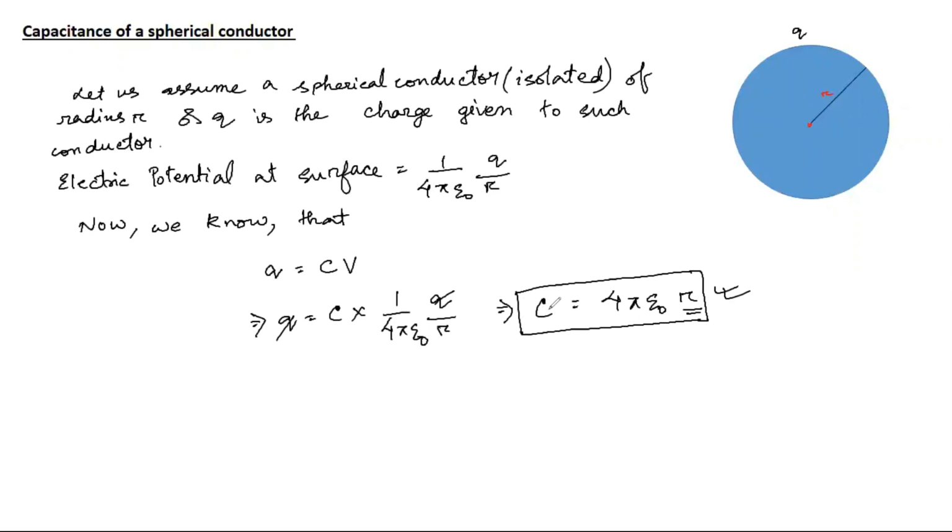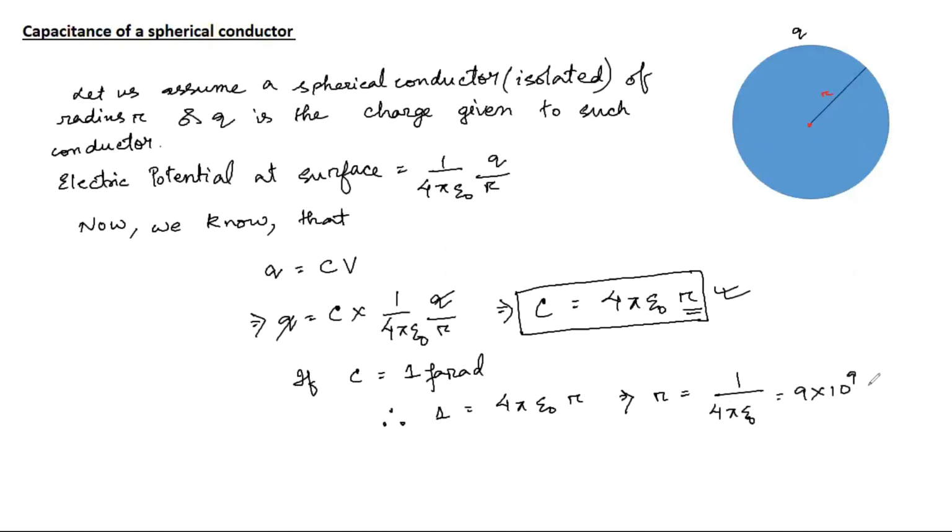Now using this relation, if I want to know the magnitude of 1 farad, let's say C equals 1 farad. Then 1 equals 4 pi epsilon naught multiplied by r, so we can easily find r, which is 1 by 4 pi epsilon naught, and that is nothing but 9 into 10 to the power 9 meter.